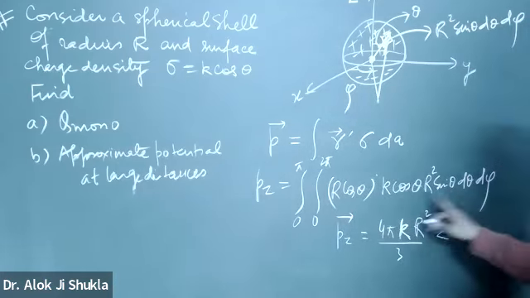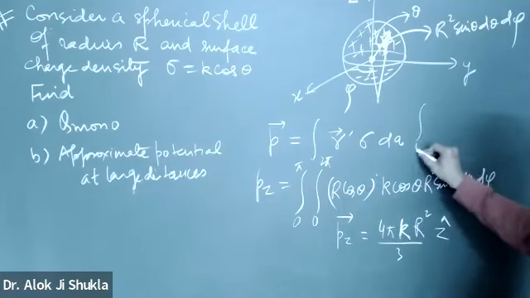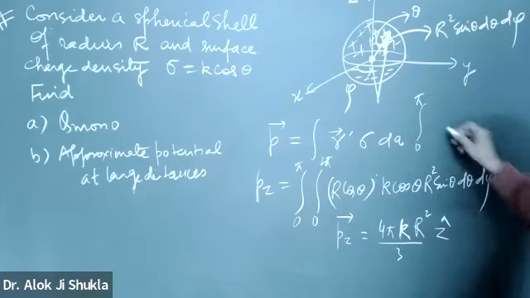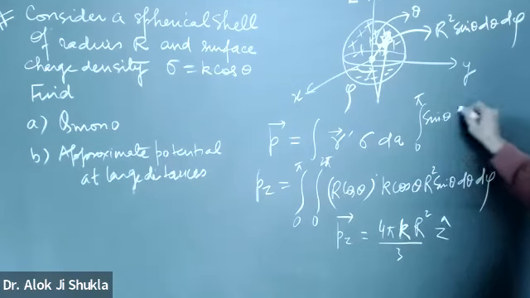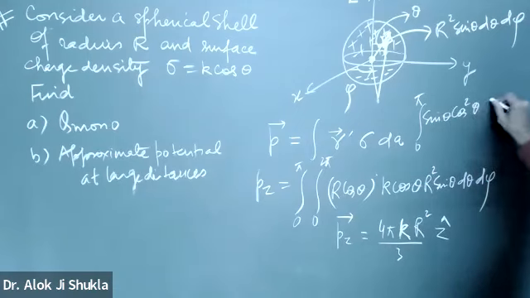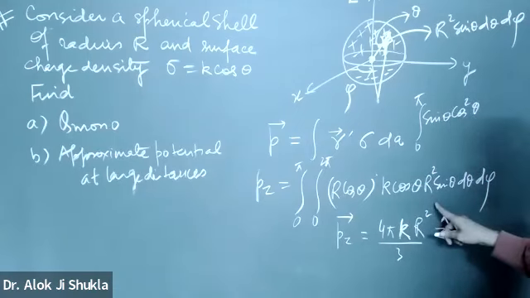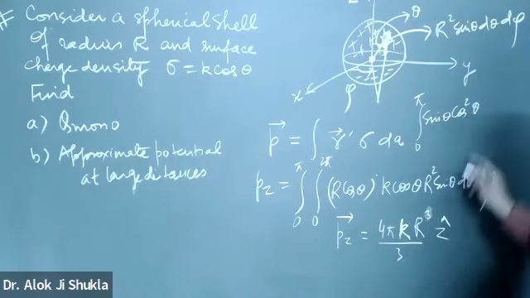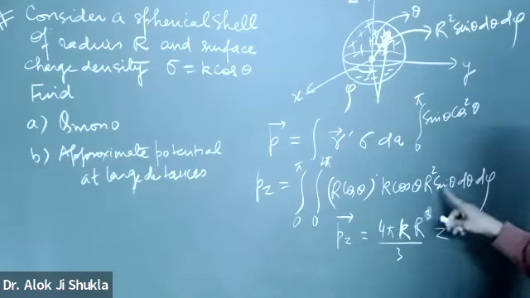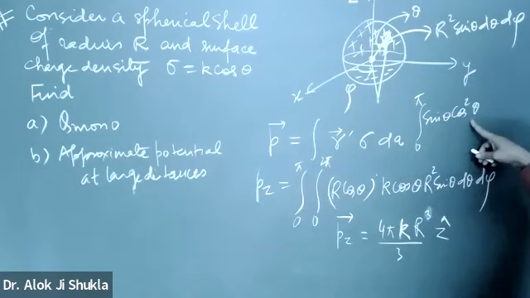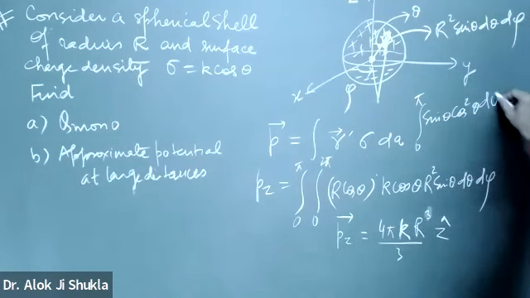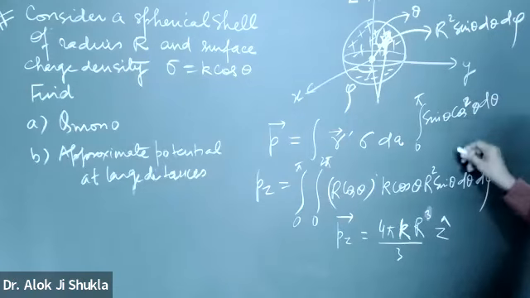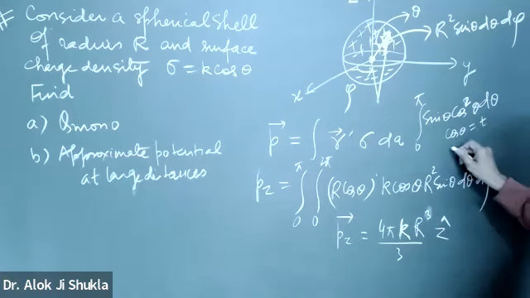You just do this separately. Integrate 0 to pi sin theta, r cos square theta r cube, no? Yes sir, this r is also there. Sorry, r cube sin theta cos square theta d theta. Okay, so put cos theta is equal to t.